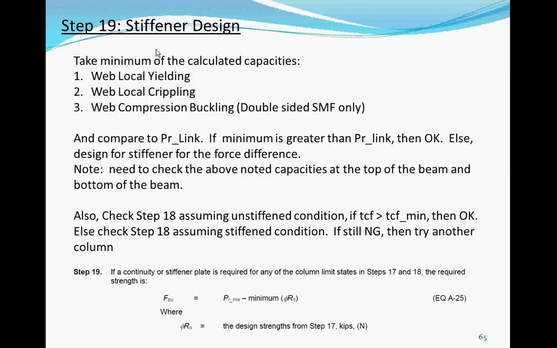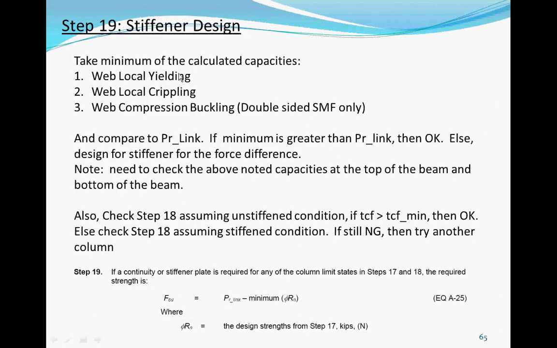Stiffener design is, you take the minimum of the calculated capacity, so we get from web local yielding, web local crippling, and web compression buckling if you have double-sided connections. Take the minimum of these and compare it to the PR of the link.